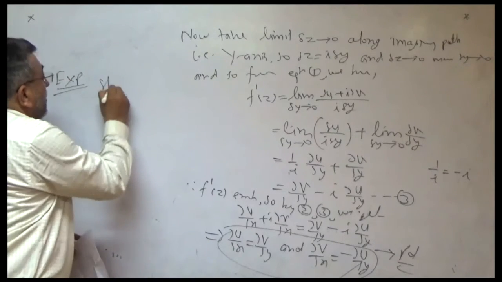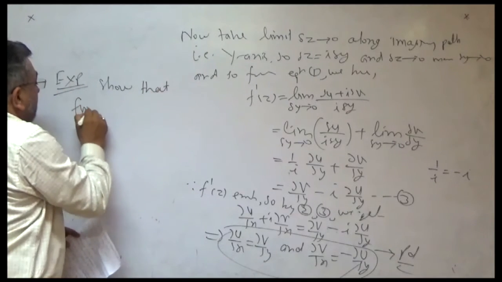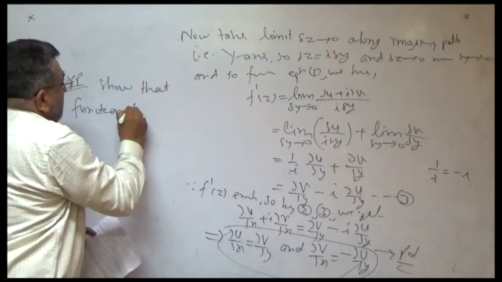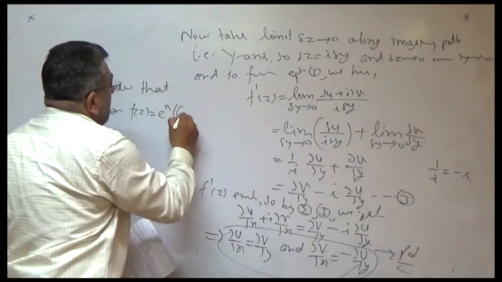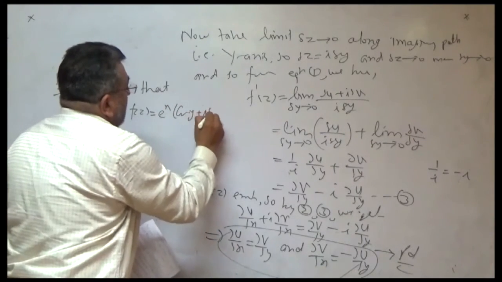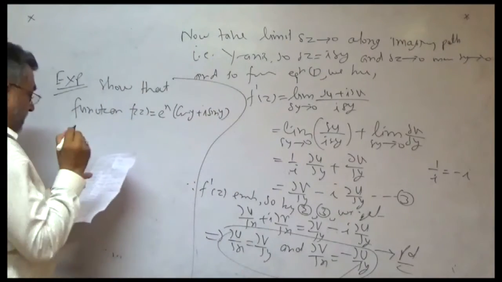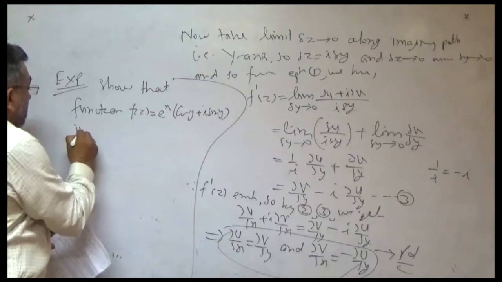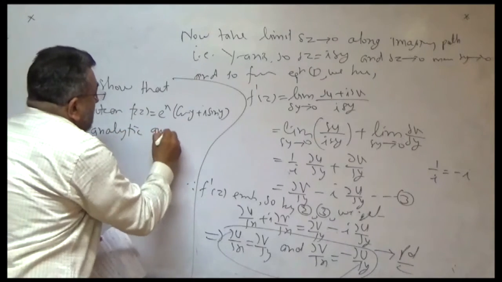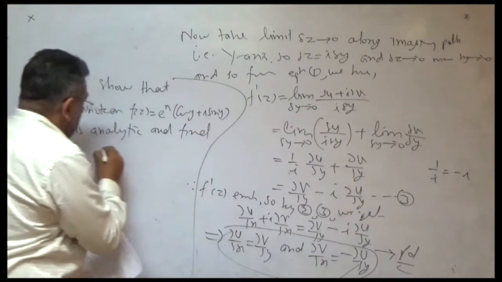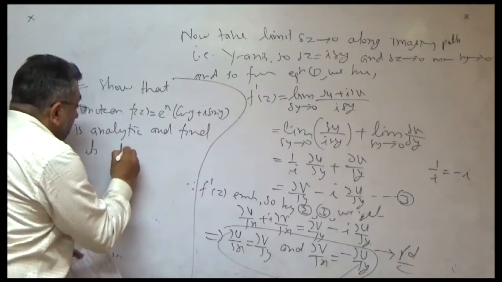Example: show that function f(z) equal to e to power x (cos y plus i sin y) is analytic, and find its derivative.